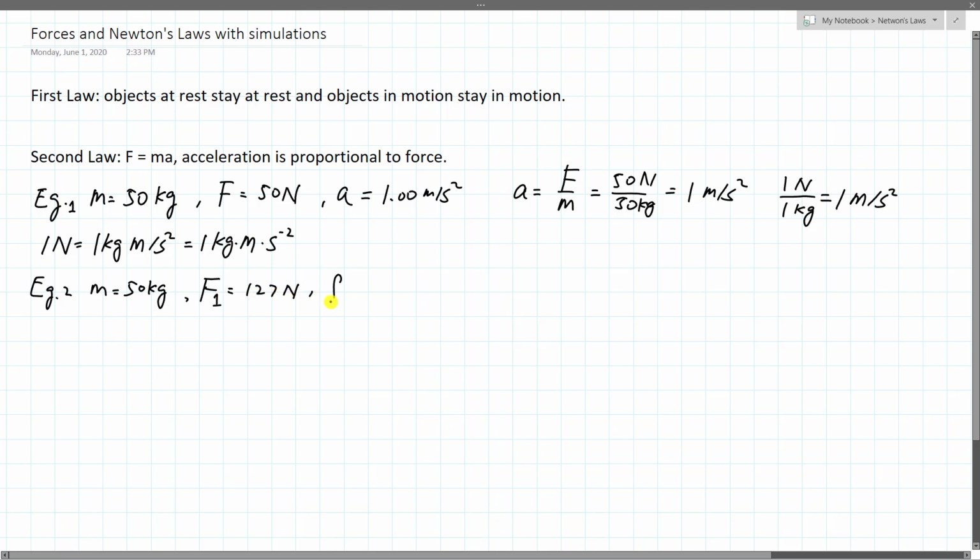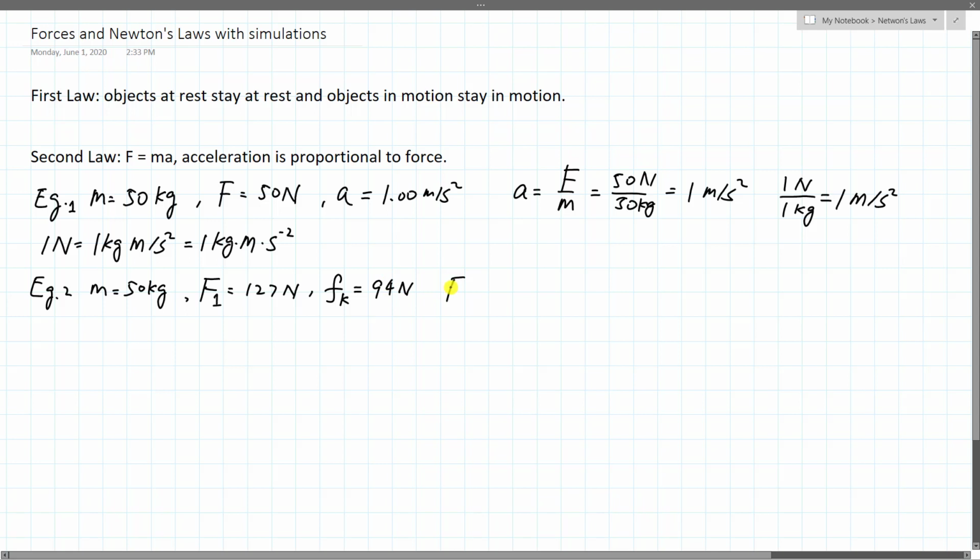We also have this friction. I want to put a K here for kinetic, which means you're experiencing this friction when you're actually moving. You're in kinetic motion. This is 94 newtons of friction.